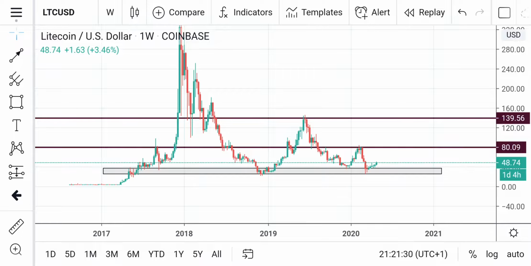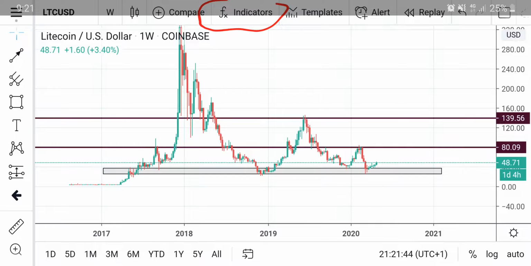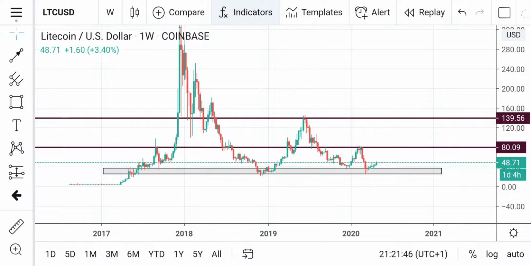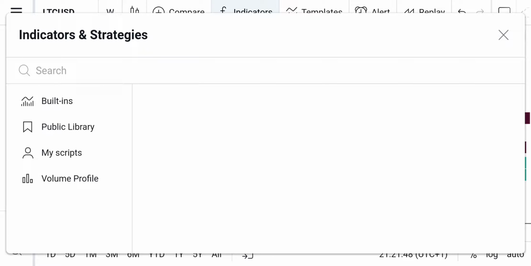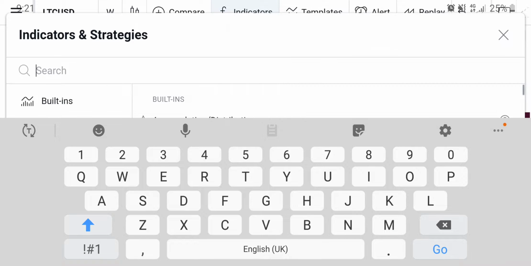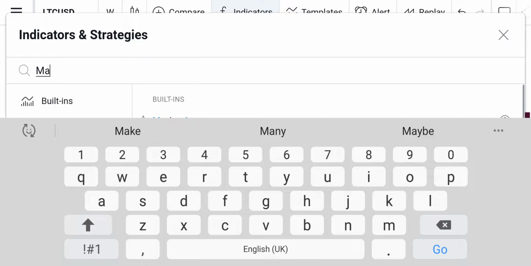The next thing I want to do after identifying my key levels is to add my 200 period moving average in order to get a trend bias. To do that, you go to indicators and click on it. You type MA, that's moving average, and you can see it over here.